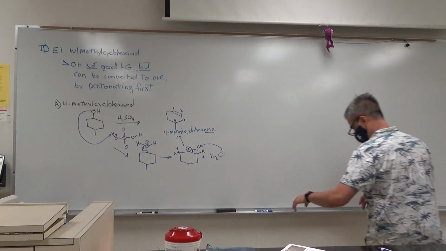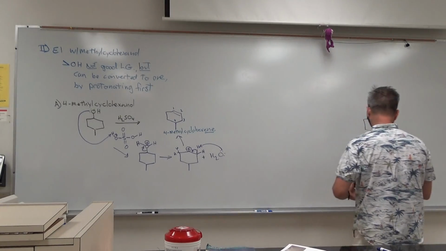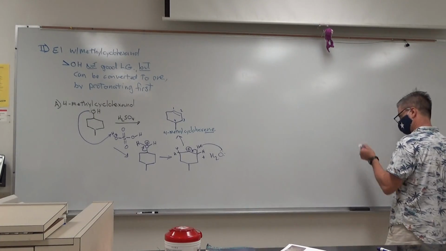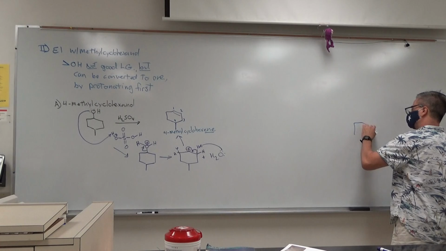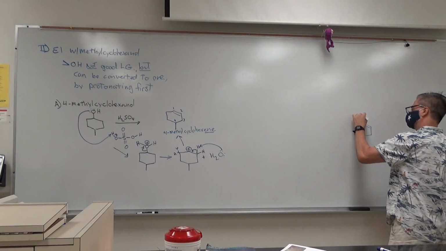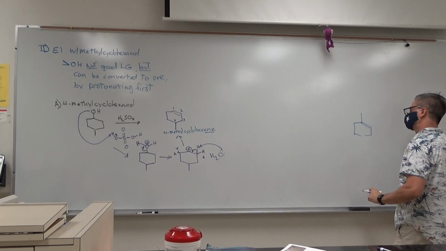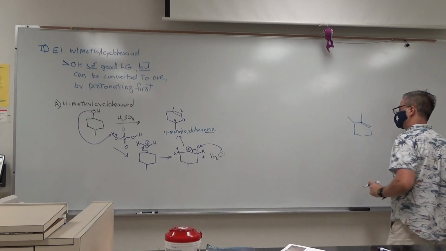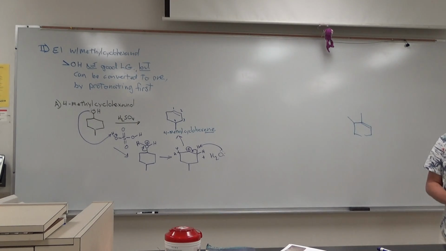All right, and we're going to make some more cyclic alkenes here in a second, so you can really solidify that one. That's the one when you teach that rule, and then you're in a bad mood, and you're making the test, and so you throw that on there.